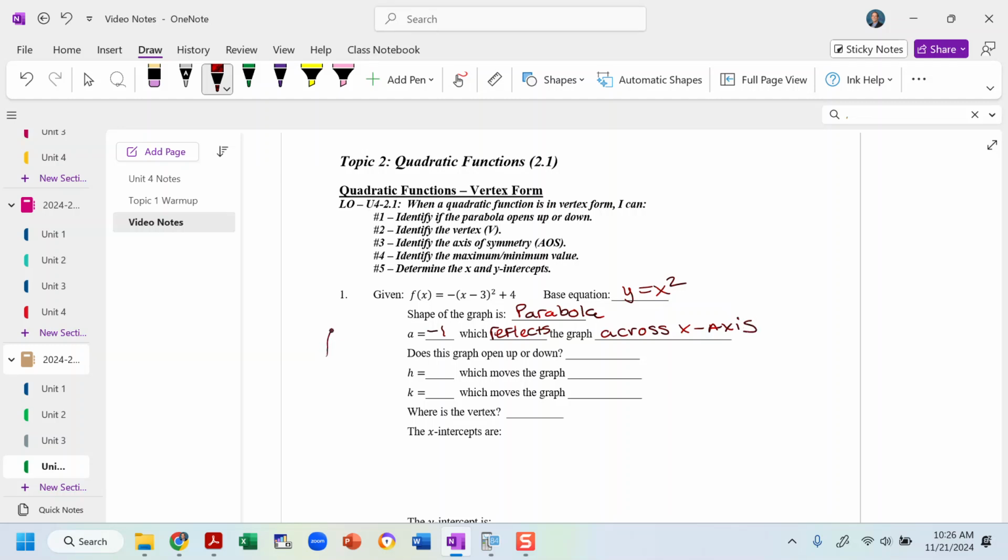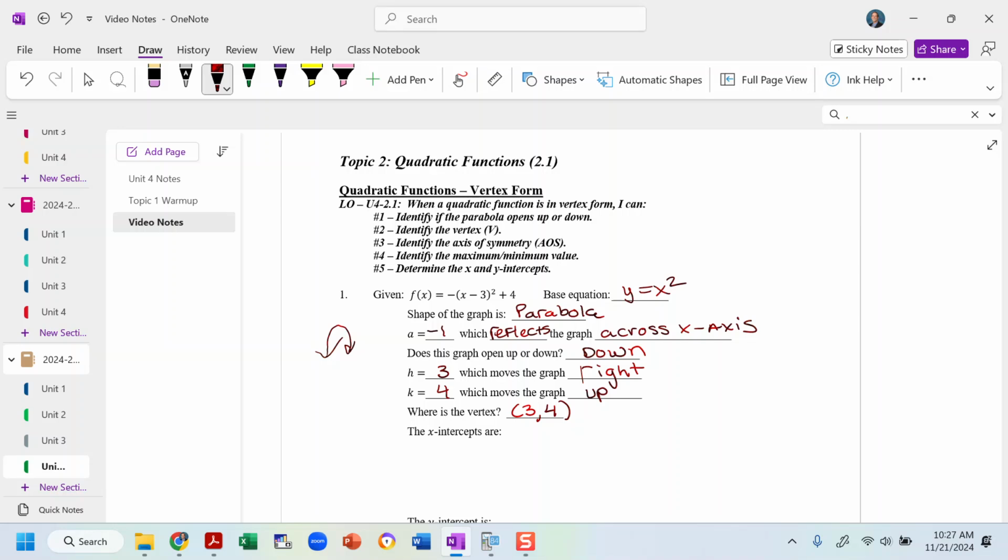Well, since it reflects, it's going to go down. The h is equal to 3, which moves the graph right, and k is 4, which moves the graph up, and the vertex would be at 3, 4.